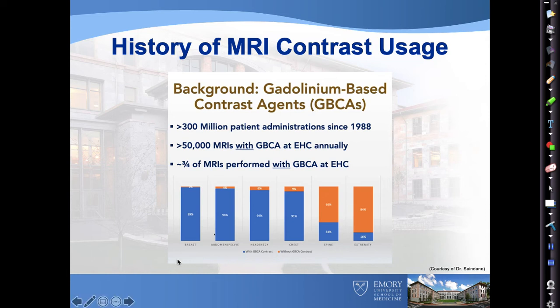Here is a breakdown of each procedure and the amount of studies that are performed with contrast. As you can see, breast MRI uses mostly contrast, as well as abdomen, head and neck, and chest. The spine and extremities don't use contrast as often.